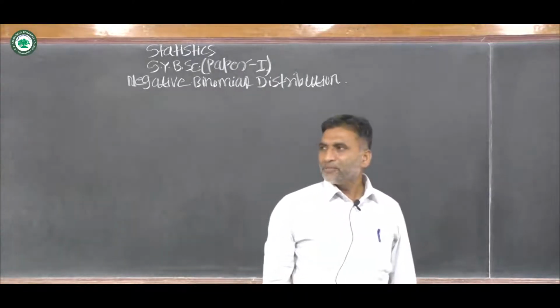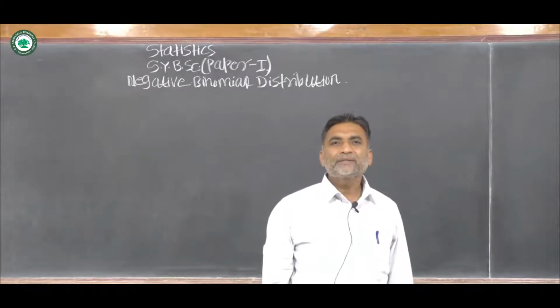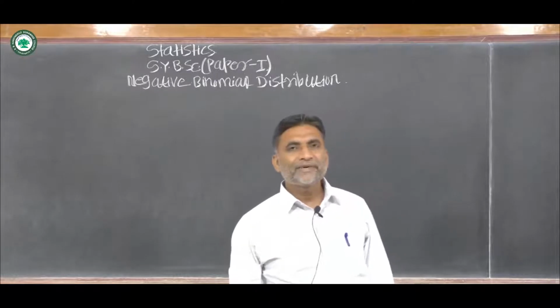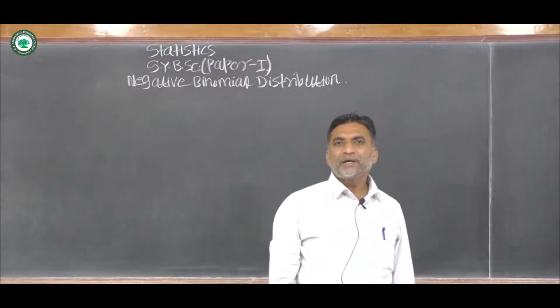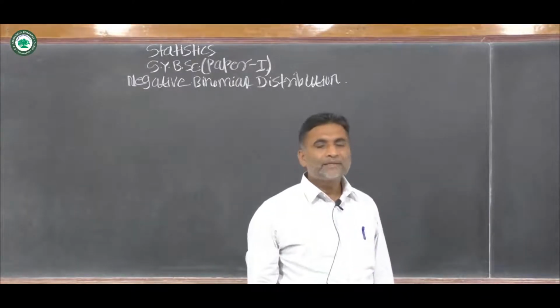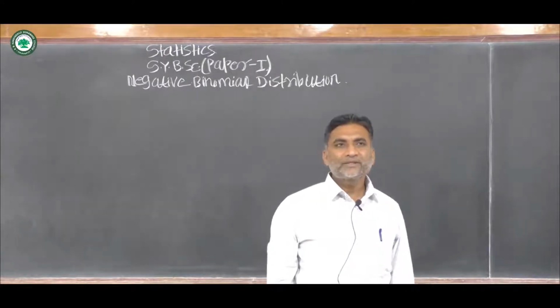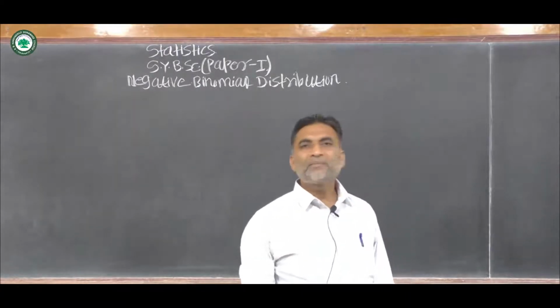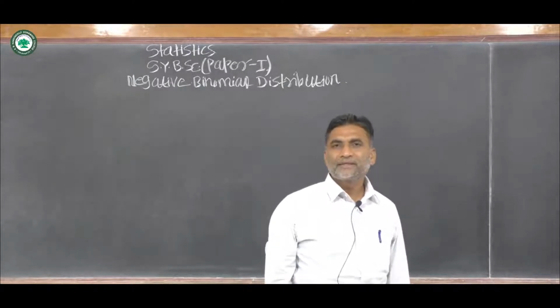In negative binomial distribution, the experiment has only two outcomes, out of which one is success, the other is failure. The probability of success is constant in each trial, and the probability of failure is also constant in each trial.